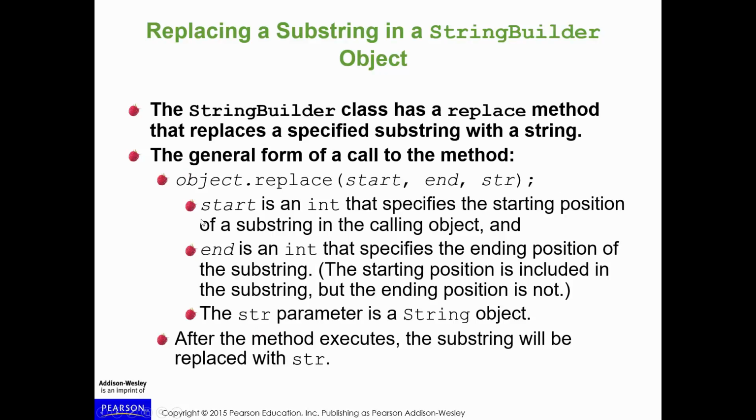StringBuilder has a replace method that replaces an existing substring with a new substring. An example of that: for a long time, you wouldn't call a lady Miss or Mrs., it was just Ms. Maybe today you've got that and you don't want that. Maybe every time there is a Ms. in there, you want to find out if they're married or not and put Miss or Mrs., or vice versa.